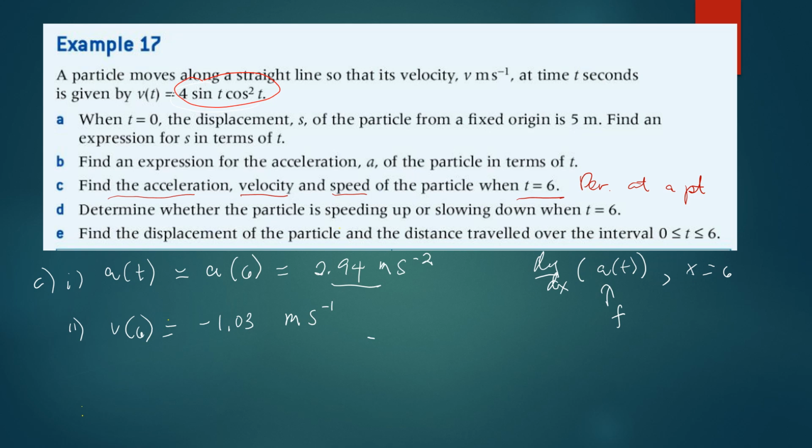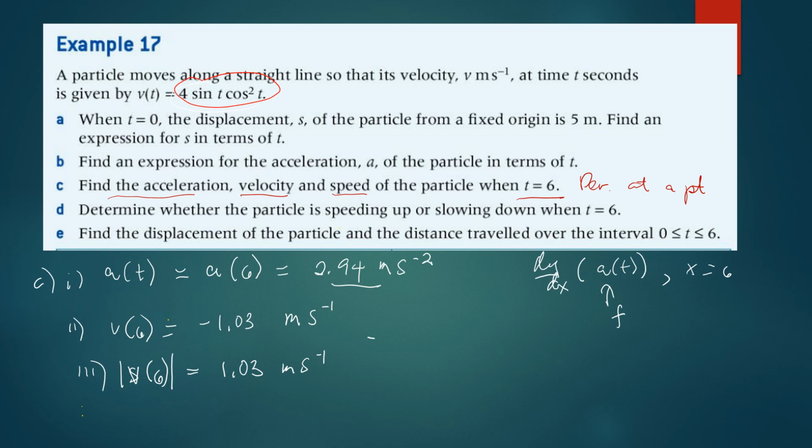Now for the speed, speed is just like displacement and distance. So speed, related to distance, is the absolute value. So it will give you 1.03 meters per second.